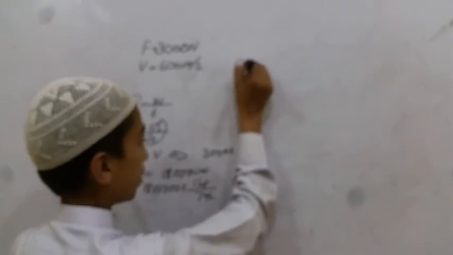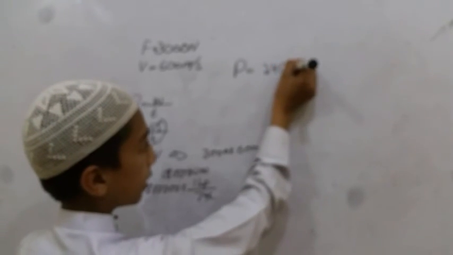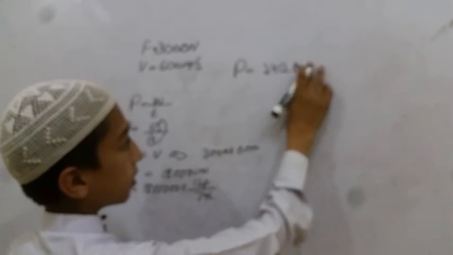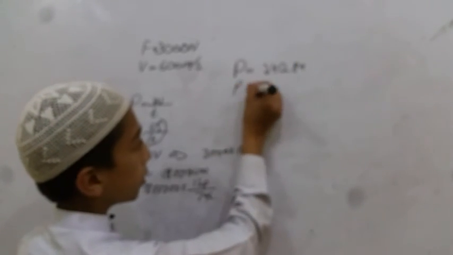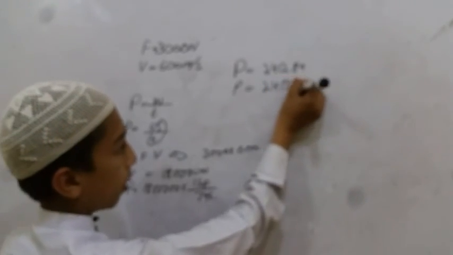We have to find its power in horsepower, so 18 lakh into 1 horsepower divided by 746. 1 watt is equal to 1 horsepower divided by 746. So power is equal to 2412.89, so power is equal to 2413 horsepower.